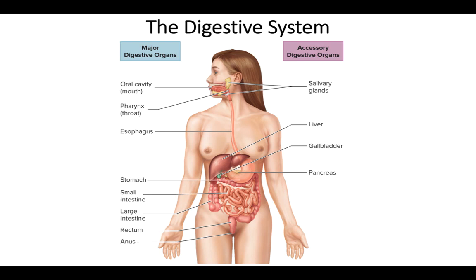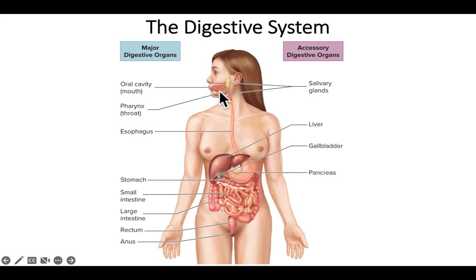All right, so let's kind of look at the major organs. Now, typically we divide the organs of the digestive system into those that form the actual tract or the tube that starts at the oral cavity and ends at the anus.